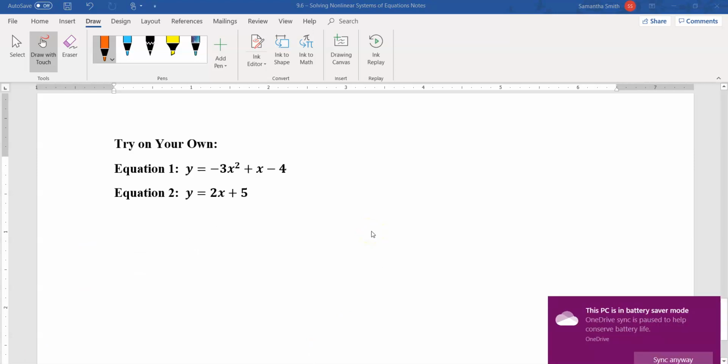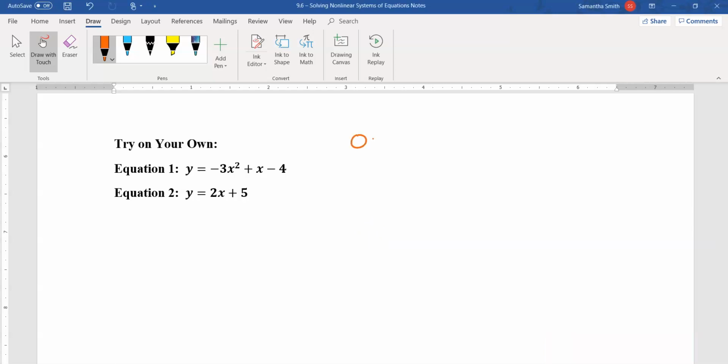I am going to start by rewriting. So 0 equals negative 3x squared plus x minus 4. 0 equals, skip, 2x plus 5. I want to get rid of that middle 2x area.